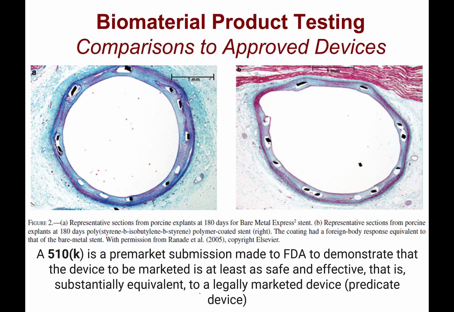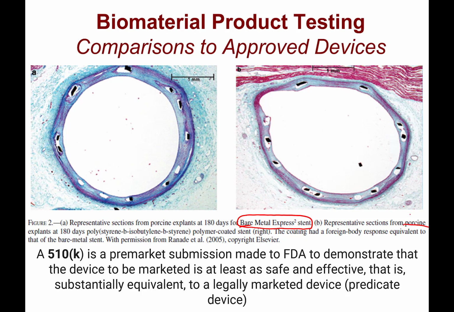So with this in mind, comparisons to approved medical devices can be very insightful, and this gives rise to what's known as the 510K pathway. Up here in these images, I'm just showing vascular stents. This is a bare metal Express stent. The Metal Express, that's just a company's marketing name for it, is tested in pigs.